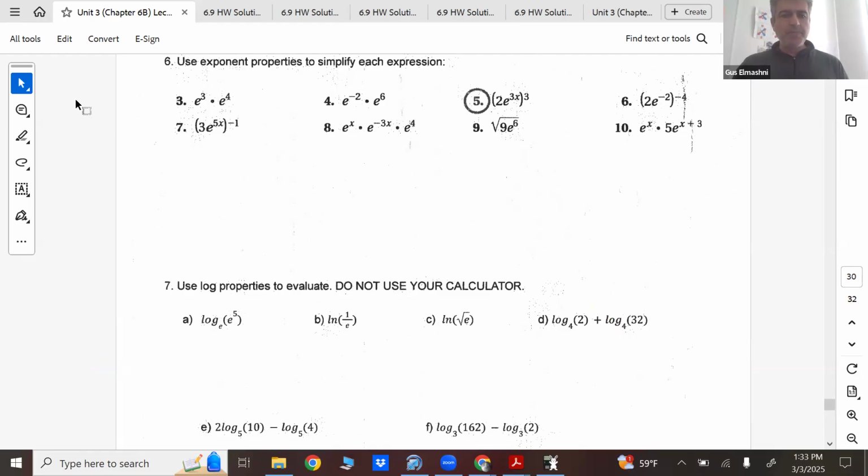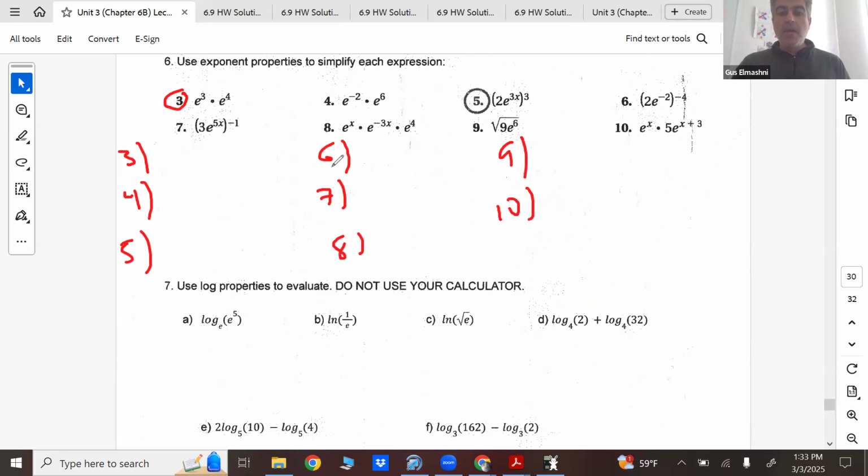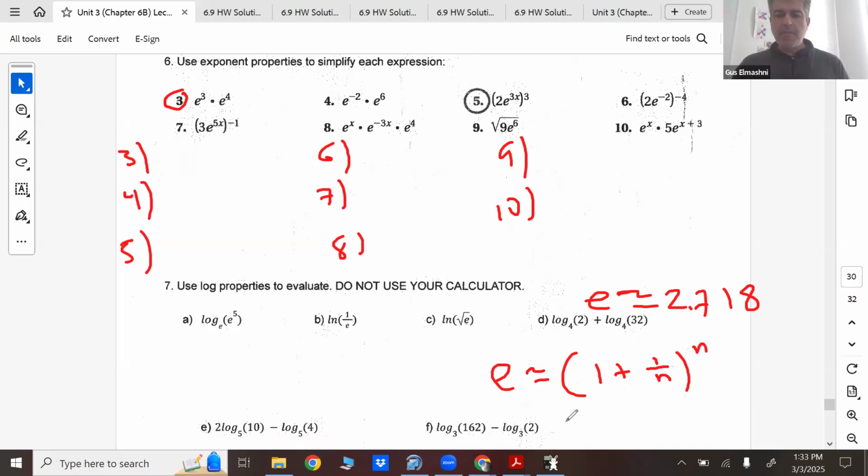Let me do these over here. So e is roughly 2.718. e comes from this, as n approaches infinity.